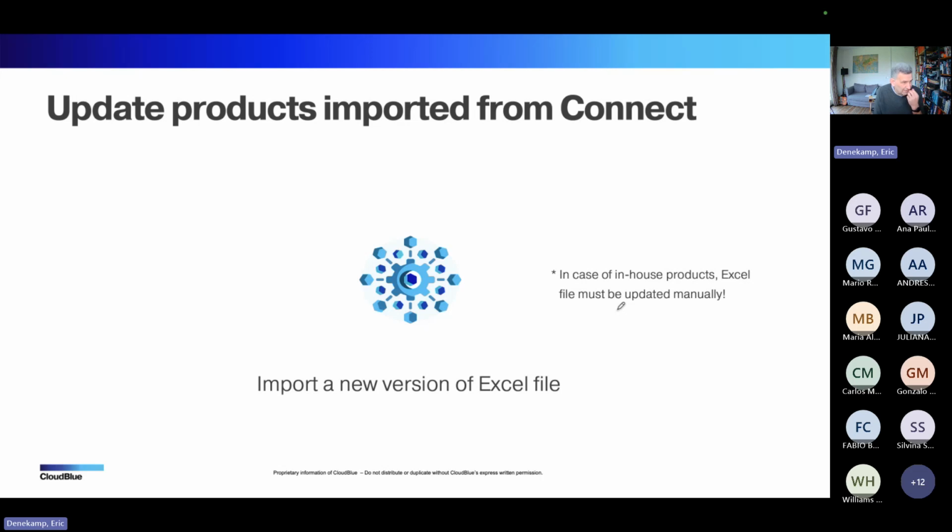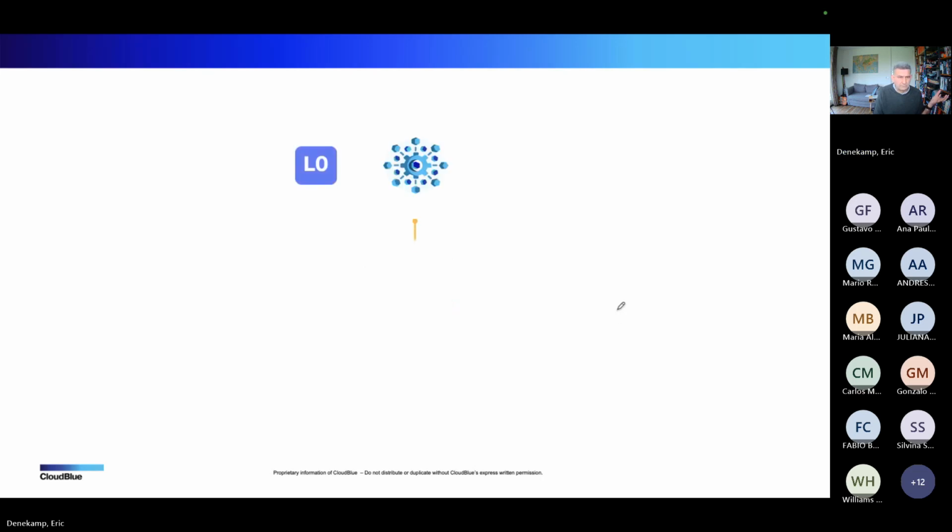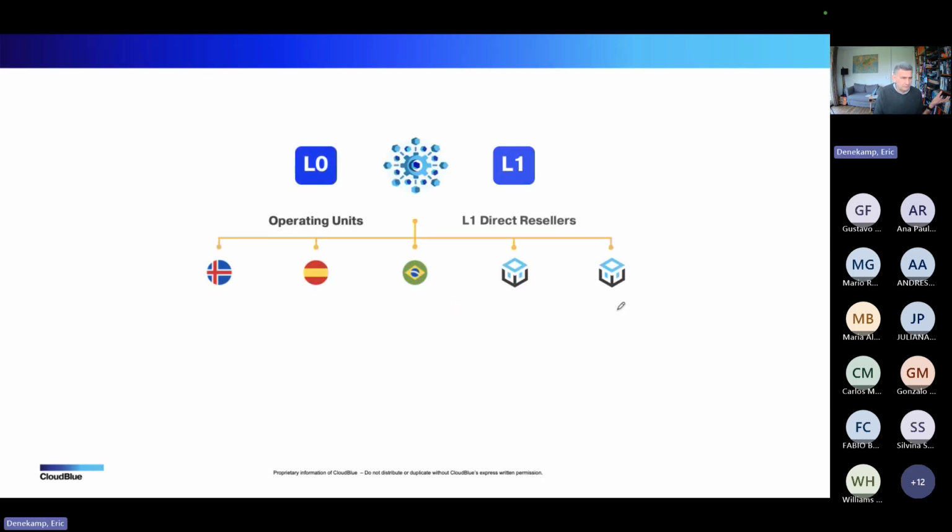That's where that Excel file must be updated manually comes from. You can update it manually. Importing this, of course, will be propagated to anything that is there, either to the operating units, to the L1 resellers, or to indirect resellers immediately.